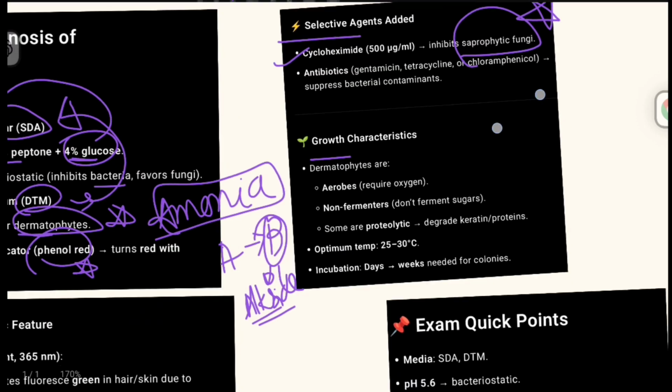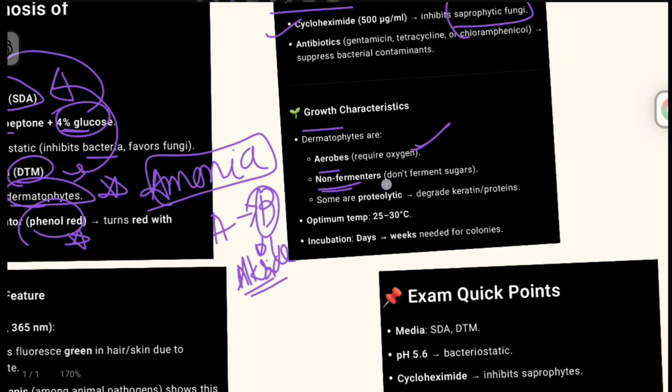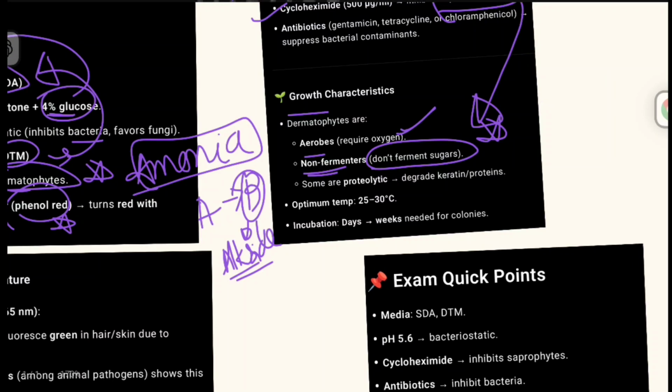When it comes to the growth characteristics of the dermatophytes, they are aerobes, requiring oxygen for growth, and they are non-fermenters. They don't ferment sugars, whereas the saprophytic fungi will ferment sugar. They are proteolytic, degrading keratin and protein for their nutrition. During this process they produce ammonia, which changes the color of the medium towards red by increasing the pH and making the medium alkaline.